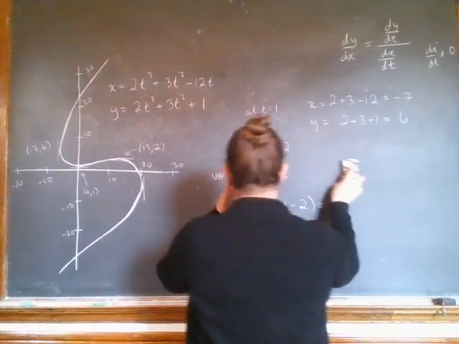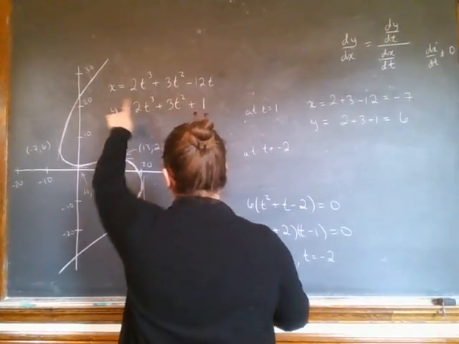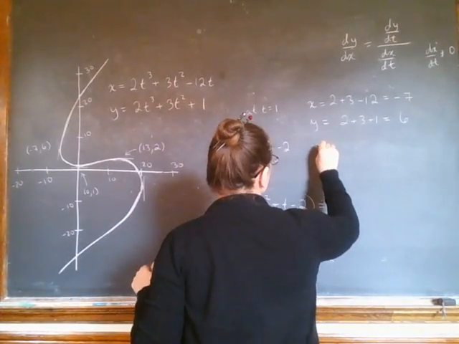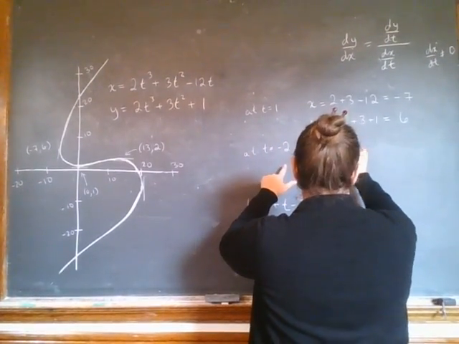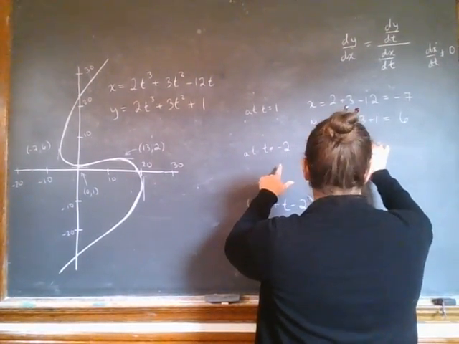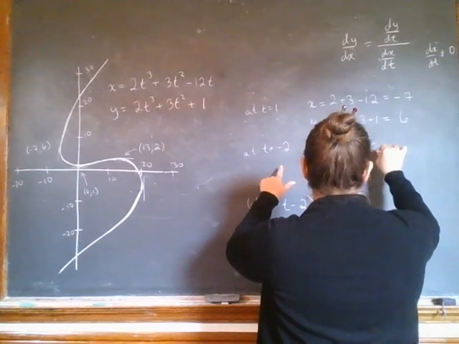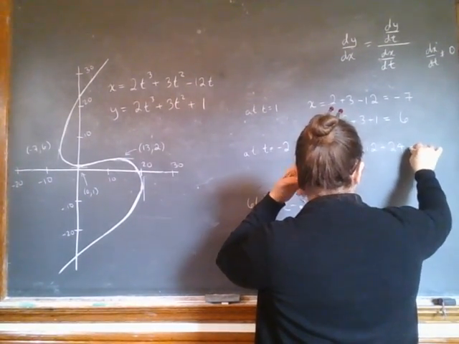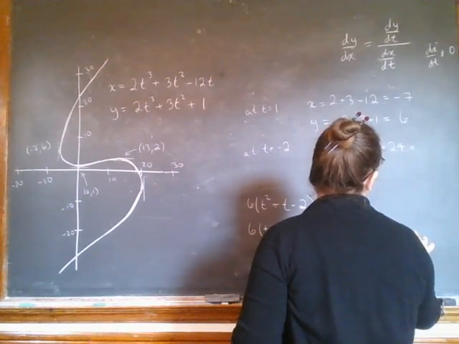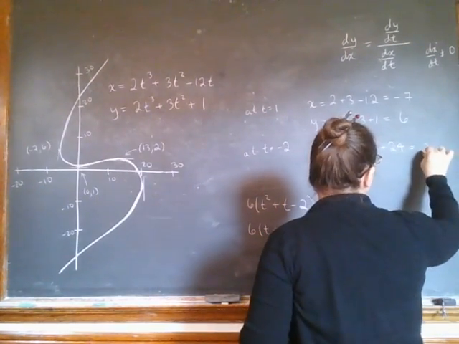So here for t equals -2, I'm going to do the same thing. I'm going to plug them in there to find the coordinates of my point in my xy plane. 2 times 8, and then 12 plus 24. What is this? 36 minus 16 is 20.